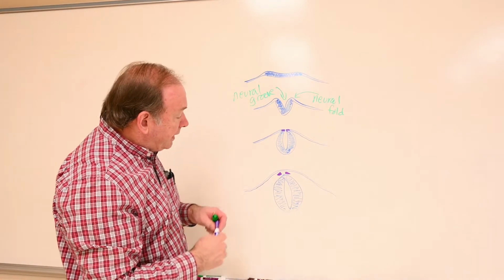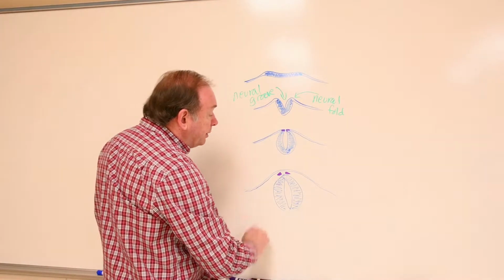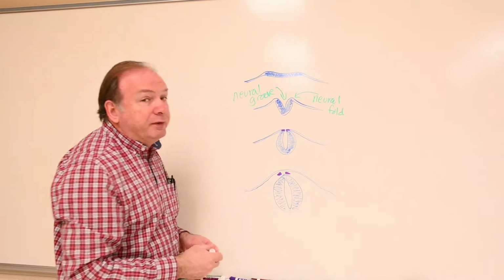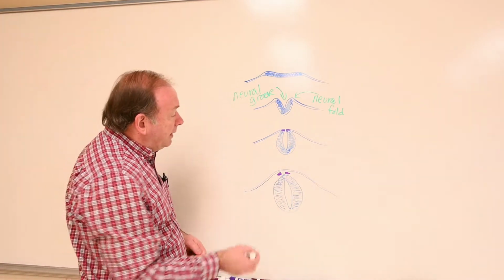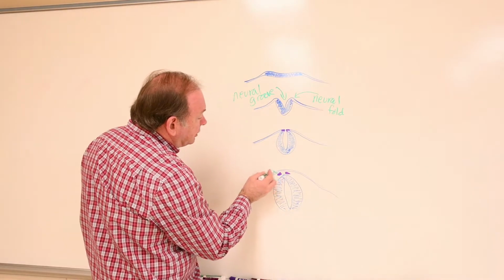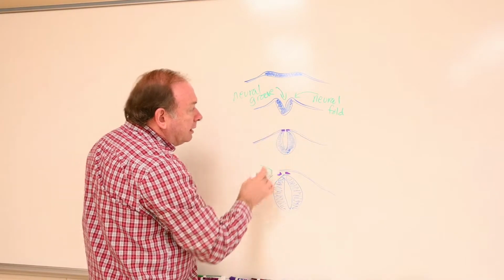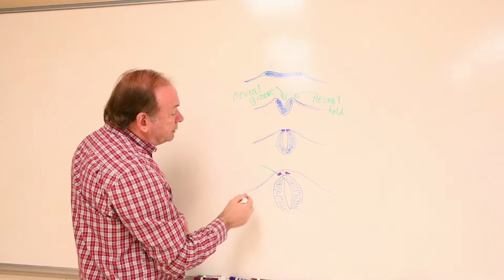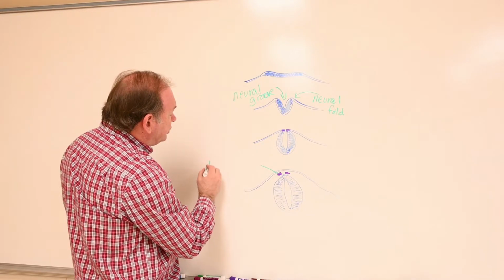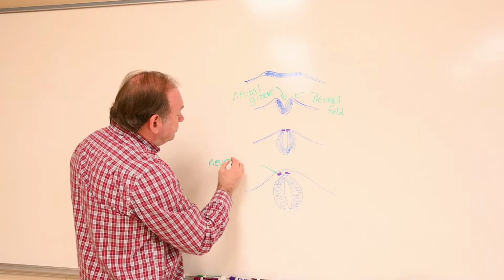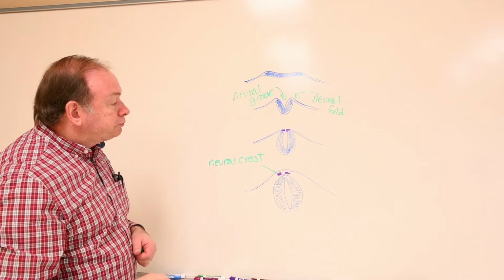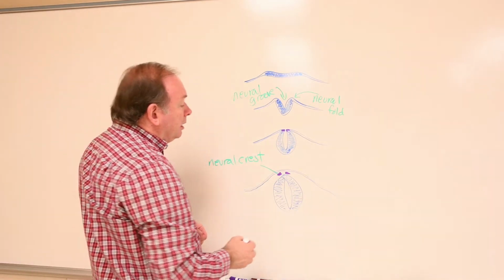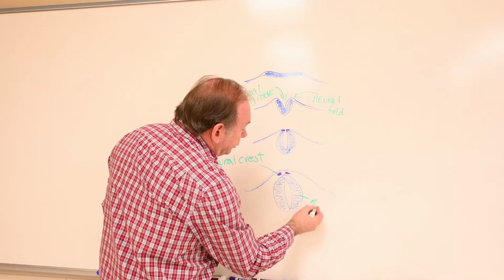You might think they just disappear, but these become a number of different tissue types that are vital to your body function. These special tissues that result from the coming together of the two folds are called neural crest tissue. And this is going to be called neural tube.